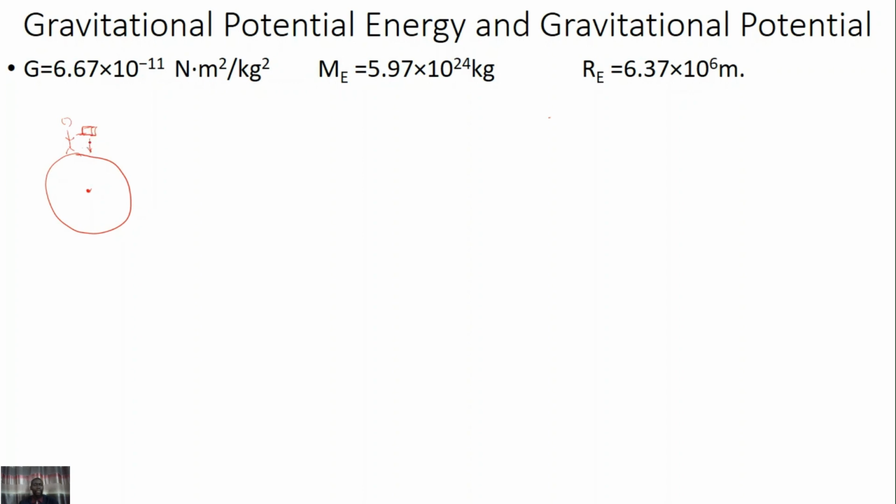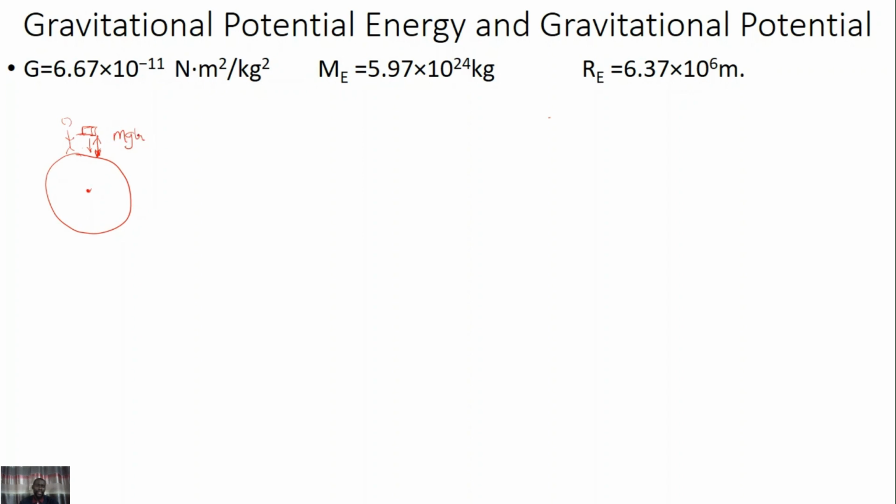Okay. The potential energy in a book that is due to the gravitational force acting on it is what is known as the gravitational potential energy, and it is given as mgh.